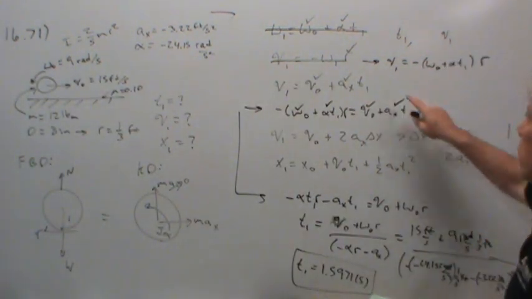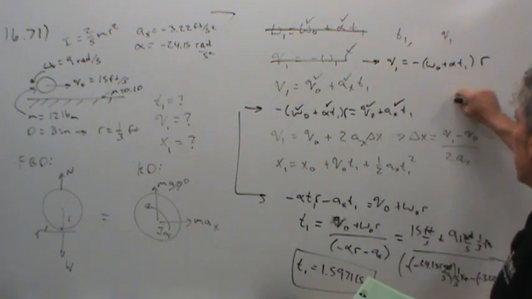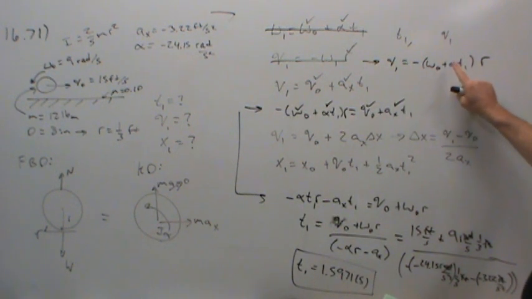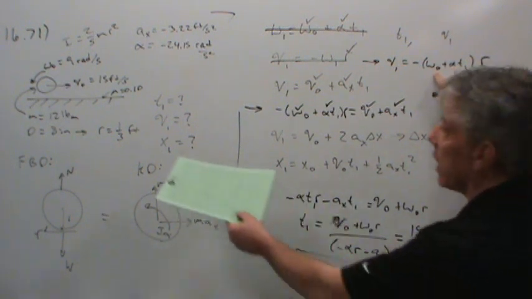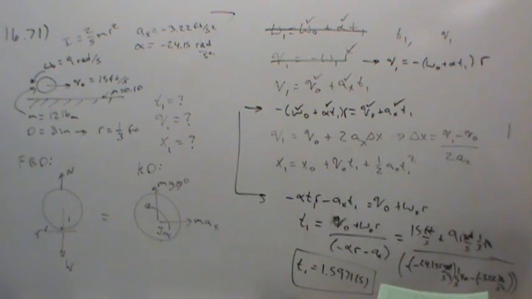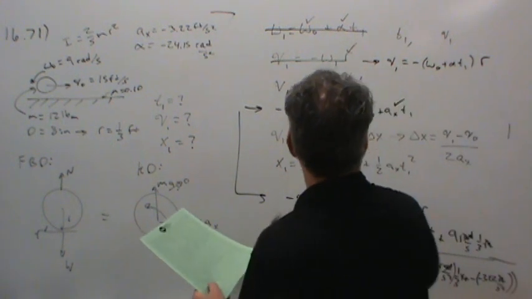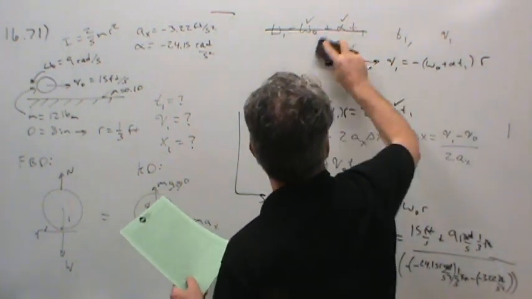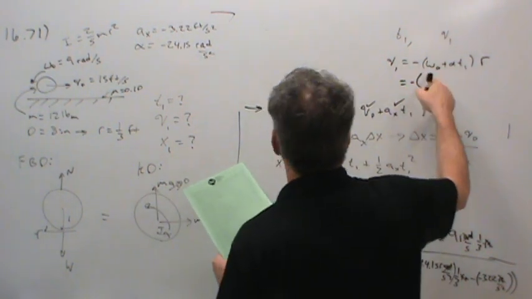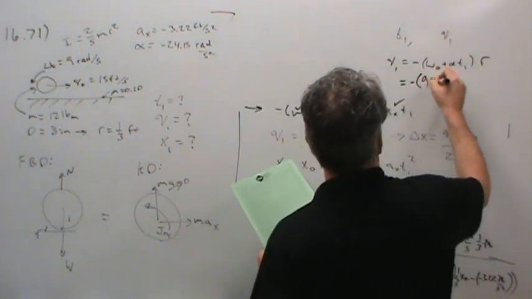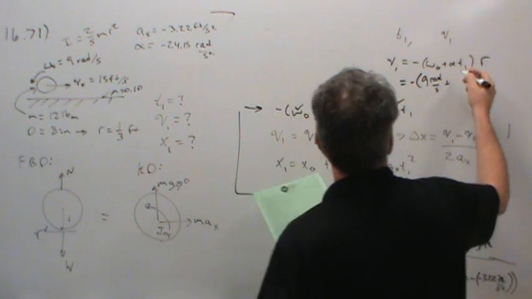For example, if we want to know the velocity at that point, just plug in T1 here. We know alpha, that was our solution, negative 24.15. We were given omega 9 radians per second. Radius of the ball is known, so that's easy. In fact, let's just go ahead and take care of that part. So negative, omega naught, 9 radians per second plus alpha.